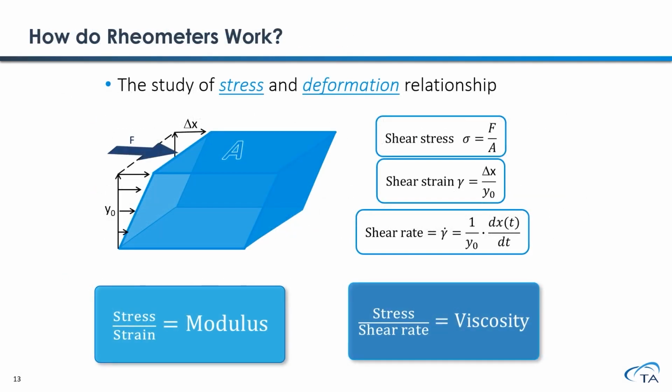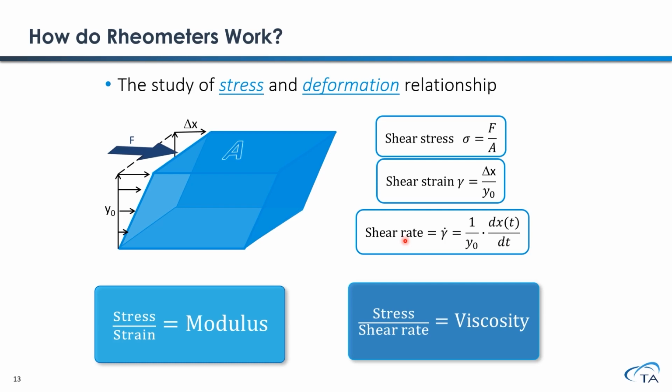One thing we would like to emphasize here is that rheology studies the relationship between stress and deformation. But the stress and deformation applied in rheological measurements are both under shear conditions. Here are the formulas to calculate shear stress, shear strain, and shear rate, which is the rate of the deformation.